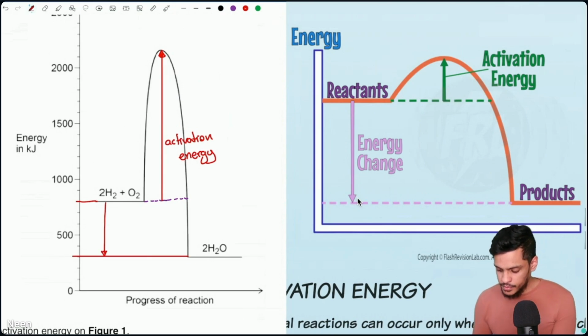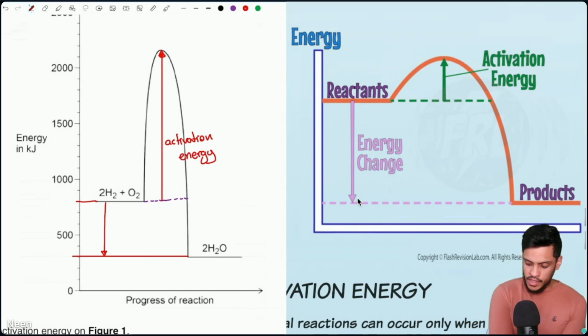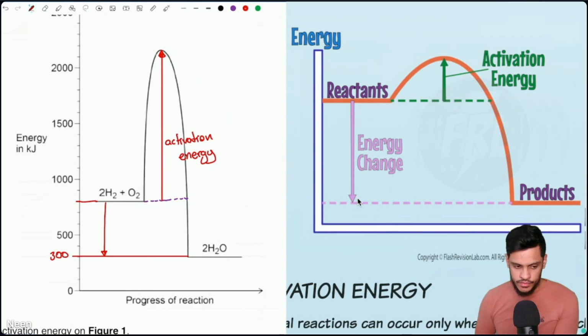So what's the top number? What's the bottom number? 1, 2, 3, 4, 5 squares gives you 500. So that means each square is 100. So that bottom one must be 300 kilojoules. And the top one, 1, 2, 3, 4, 5, 6, 7, 8, that makes it 800 kilojoules.